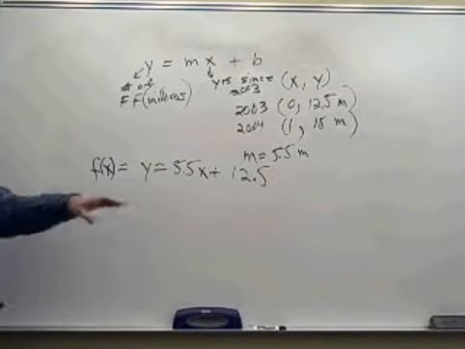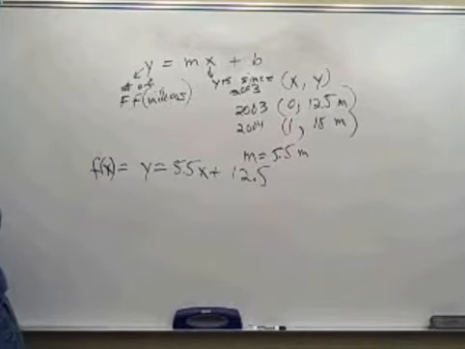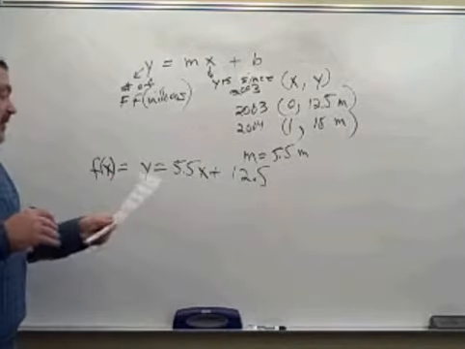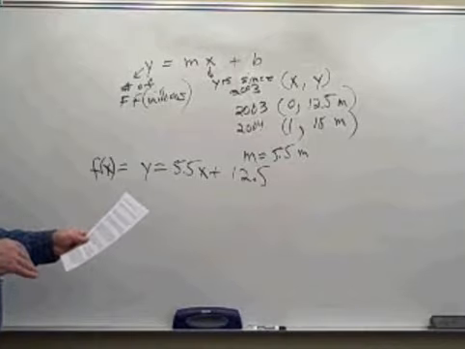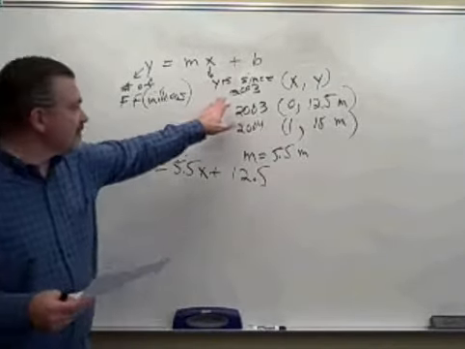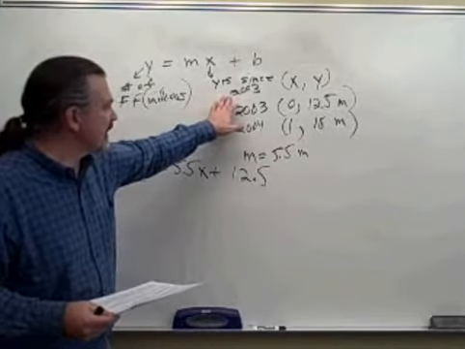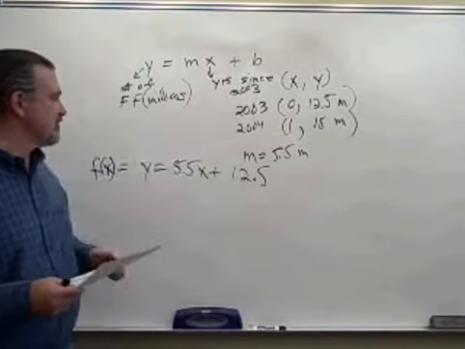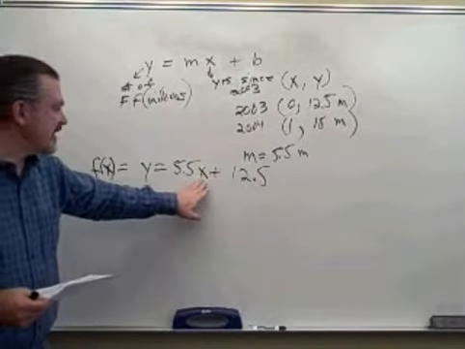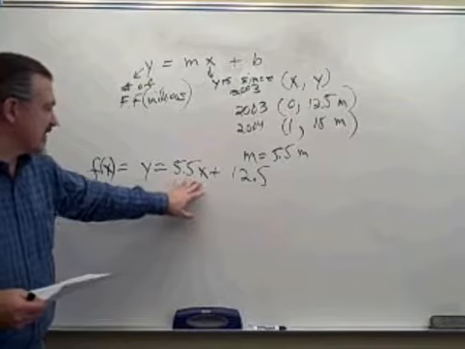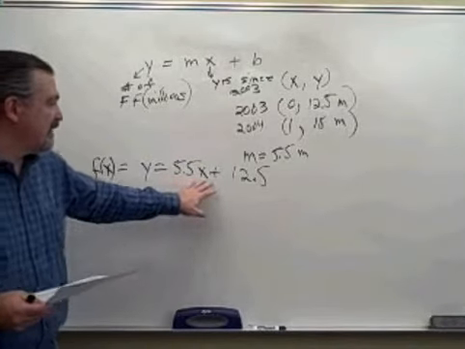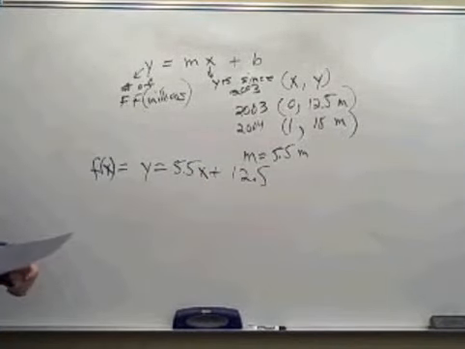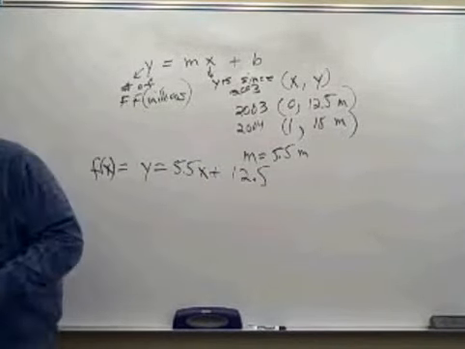And if we wanted to know how many fly fishermen, what was the question again? Use it to estimate the number of fly fishermen in 2010. How many years since 2003 is 2010? That's 7 years, isn't it? We would put 7 in place of x, multiply it by 5.5, add 12.5, which would, if we did that arithmetic, would take us to a figure of roughly 51 million.